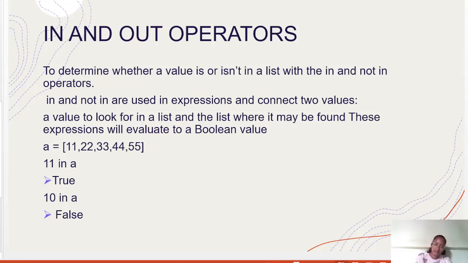Let us consider a list A equals 11, 22, 33, 44, and 55. To check if 11 is in the list, we write 11 in A and we receive the output True. For 10 in A, we receive the output False. The output is always a Boolean value.